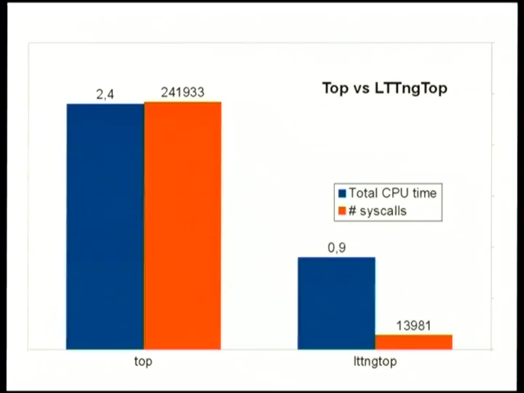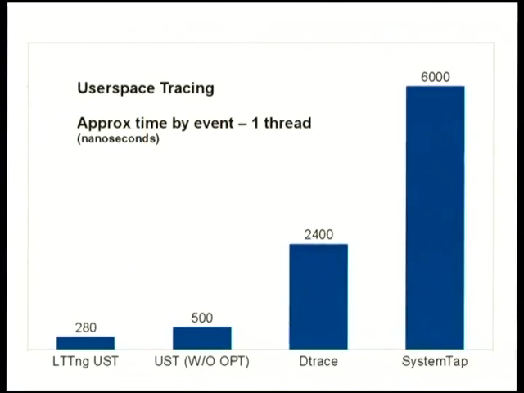Here LTTng is doing a lot fewer syscalls. Top reads the proc file system every time, opening all the files there: open, read, close. Here we just open the trace buffer, stream the information, and close it at the end, so it's quite easy. And again, less impact on the system.